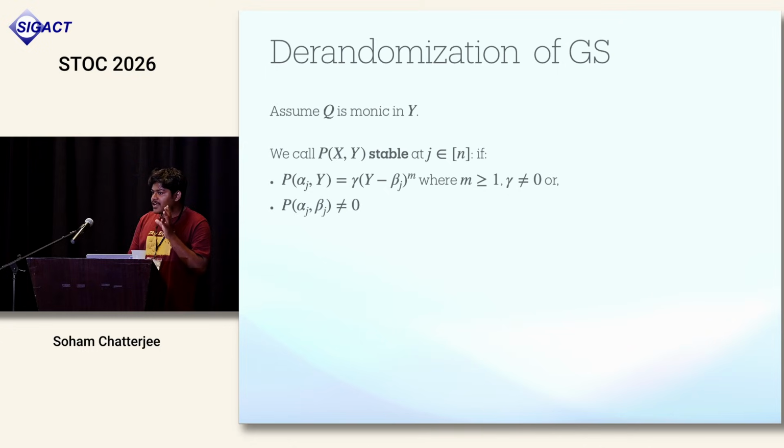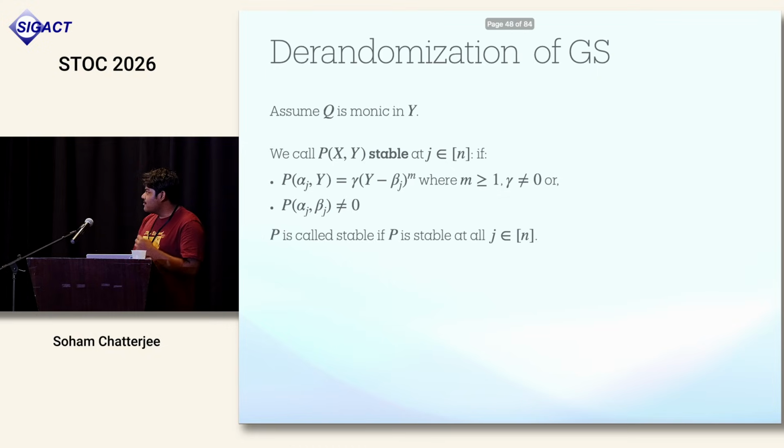Notice that the factors we want to look for, y minus f(x), at agreement points or at error points, in both of these places it is a stable polynomial. That's why we call a polynomial stable if it's stable at all the locations.